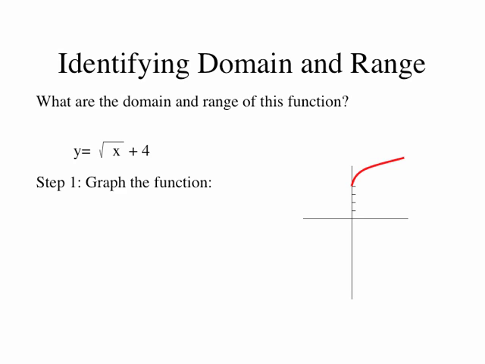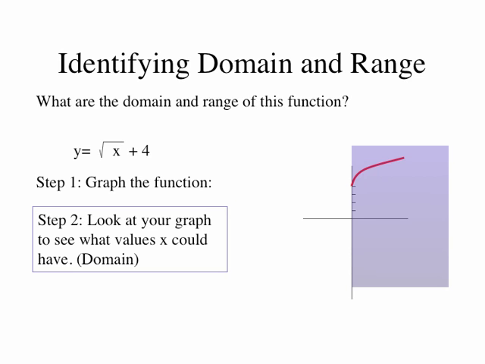So we graphed it. Now we can look at this graph and ask ourselves, for all the points covered up in red there, think about what their x-coordinates could be. It looks like their x-coordinates could be anything 0 or greater. So our domain, what we could plug in for x, is anything 0 or greater.